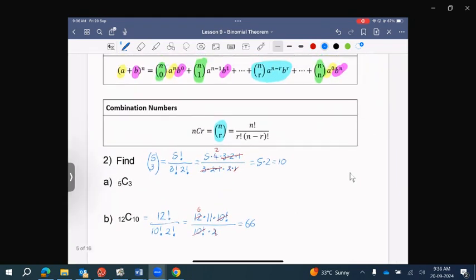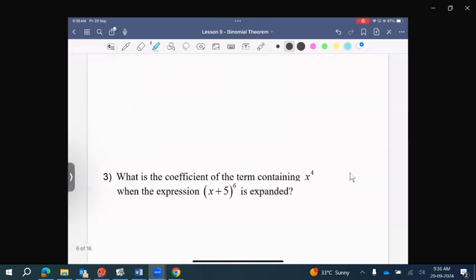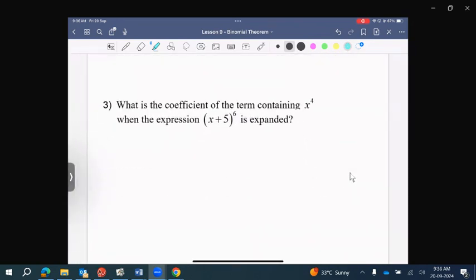Okay, so we are going to use these blue formulas. Let's have a go at this: what is the coefficient of the term containing x to the 4 in the expansion of x plus 5 to the power of 6?